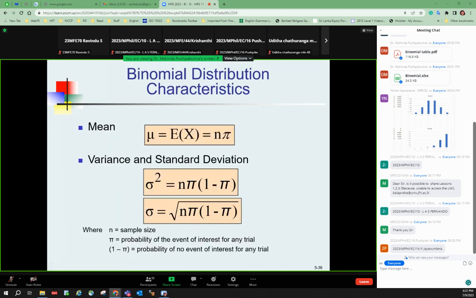Then we have another few concepts. The first one is the mean of a discrete probability distribution, the expected value. It is equal to n times pi. Then the variance is equal to n times pi times 1 minus pi. Then the standard deviation is the square root of this.